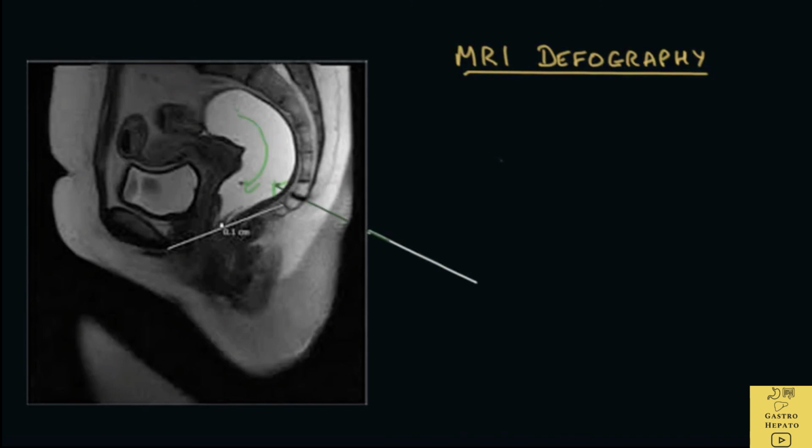The patient is then asked to expel the paste or gel. A scanner records the process of defecation as the patient is expelling the paste or gel. This test shows how well the stools can be held and released. A test for dyssynergic defecation is positive if the patient is unable to expel more than 50% of the gel or paste.